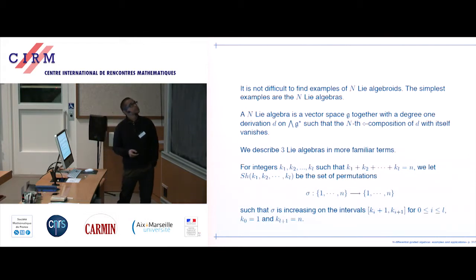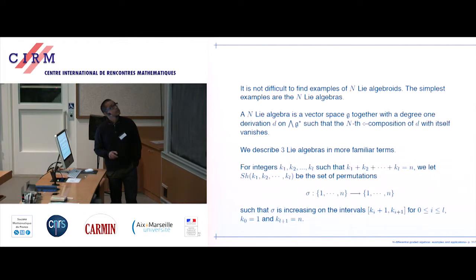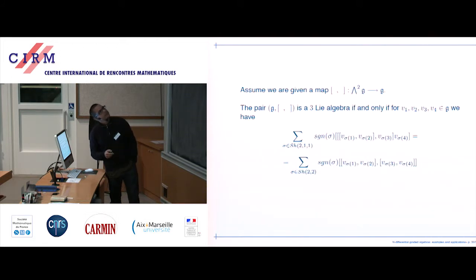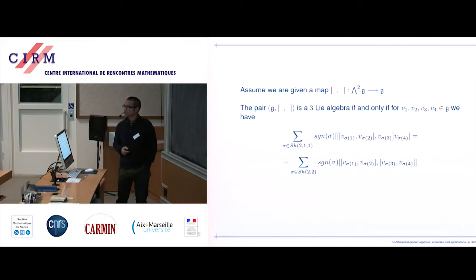In the simplest case, N-Lie algebroids are N-Lie algebras, when you have just a fiber over a point. Let me describe exactly what a 3-Lie algebra is. You have some kind of shuffle, some permutations like right here, and this is the identity that should be satisfied. It's a 3-Lie algebra.